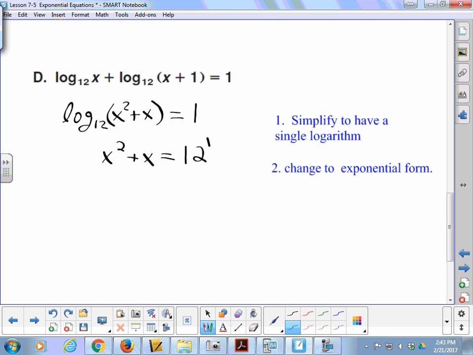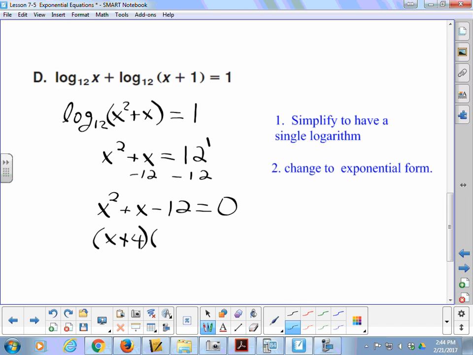Now, we have x squared, which means it's a quadratic, which means we've got to get it equal to 0. So we have to subtract 12. So we get x squared plus x minus 12 equals 0. All right? And so my next step would be to do what then? Factor it if we can. And this we can. We get x plus 4 and x minus 3.